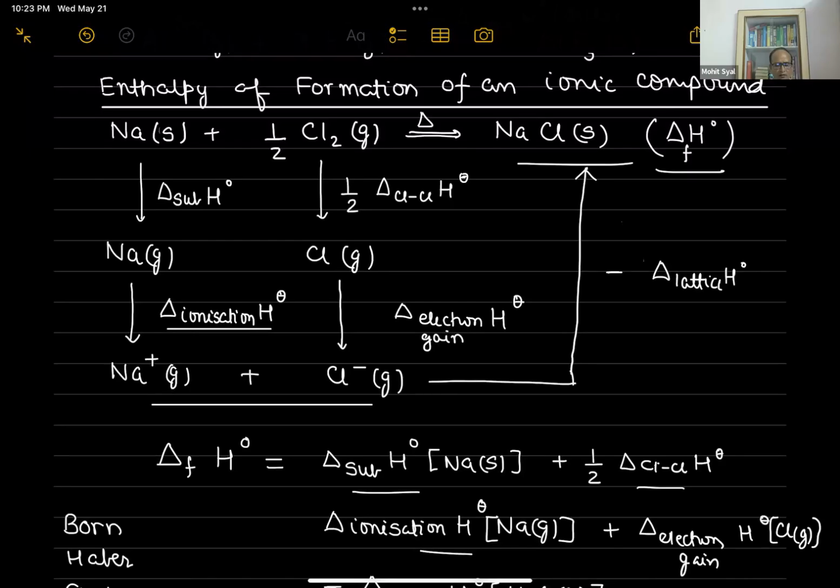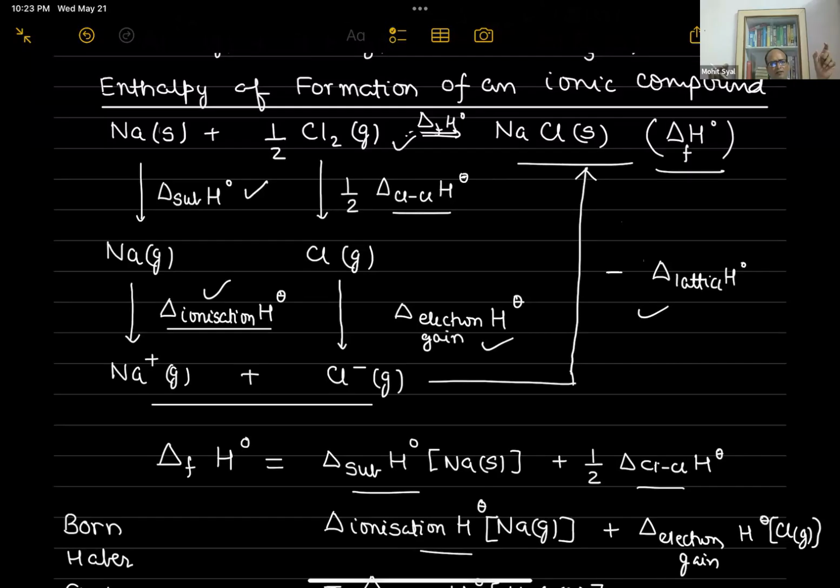They will give you everything except one value. So you need to equate the direct value with the sum of the indirect values. One of them will be missing.